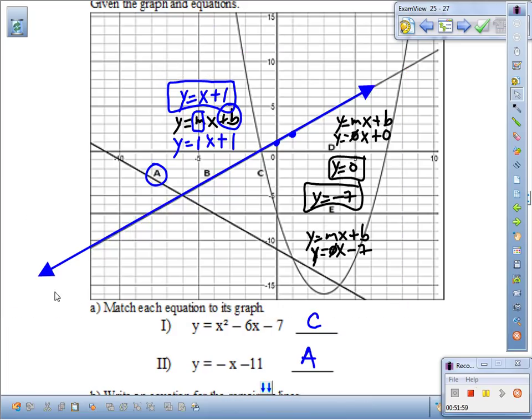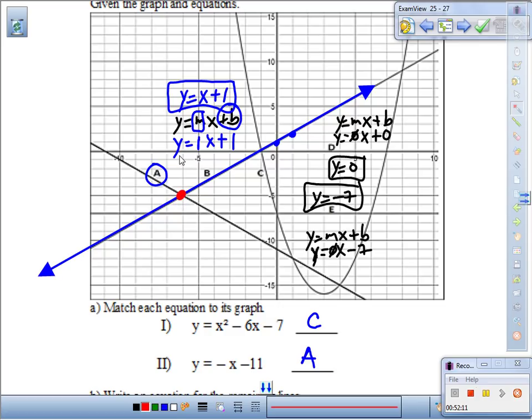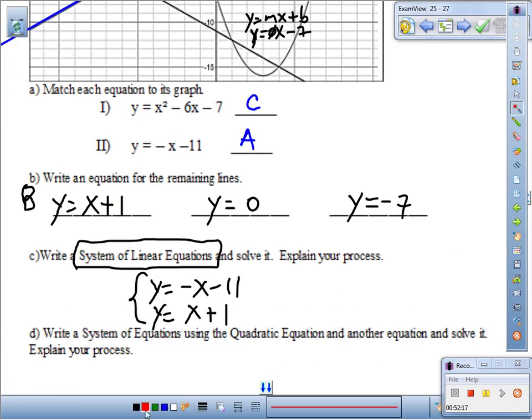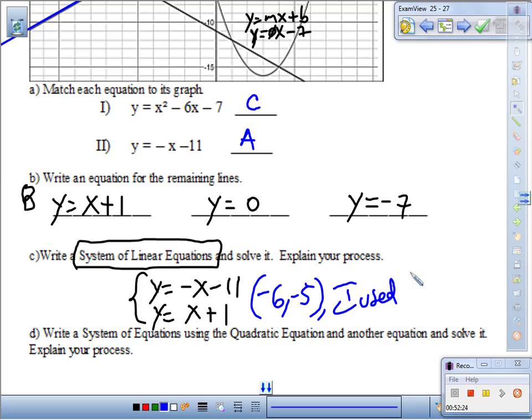I don't have to do all the other work that I did? Well, no, because I'm using the graphing method. So what is the solution where both lines intersect? Where are they intersecting? Right there. So what is the x value? Negative 6. What is the y value? Negative 5. So my solution to this one is negative 6, negative 5. I used the graph. Thank you.